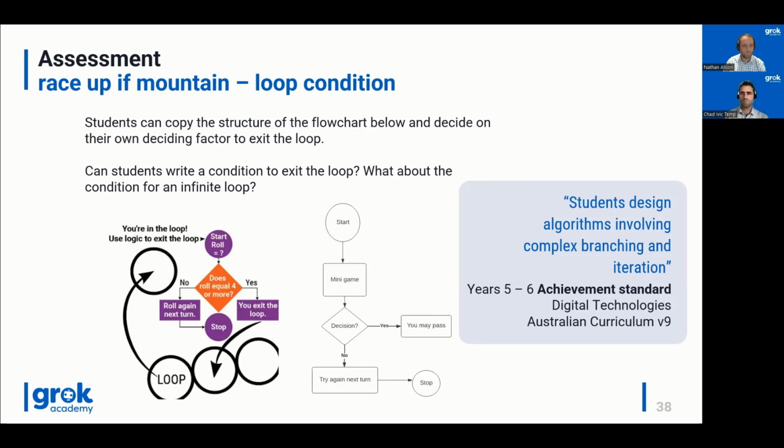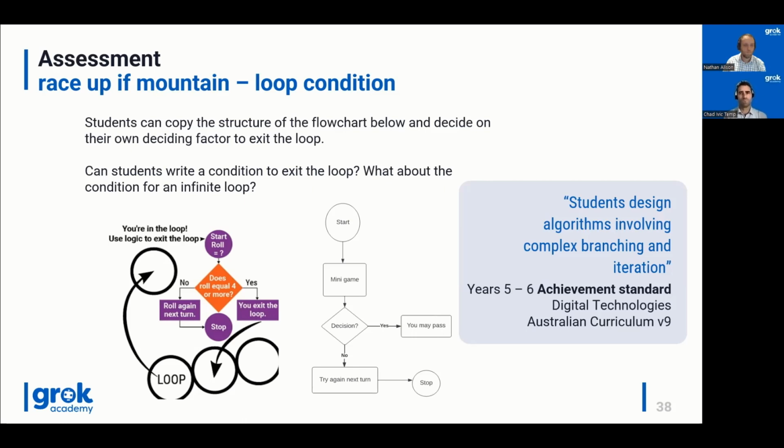If we look at the achievement standard, iteration is part of that as well. So we've been looking at how students can design algorithms involving complex branching. Part of the game has a loop that you can get stuck in, and you need to roll a 4 or more to exit the loop.